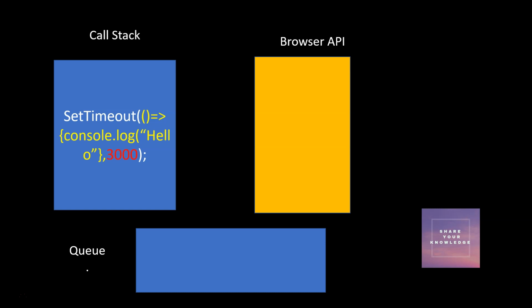Is it possible to print this hello after 3000 milliseconds using setTimeout without them? The only way you can do it is make a setTimeout call and wait for it to return back, right? But to wait for it to return, you will be blocking the thread, and then you will print hello. So you will end up blocking the thread. So we have to opt for callbacks or promises.